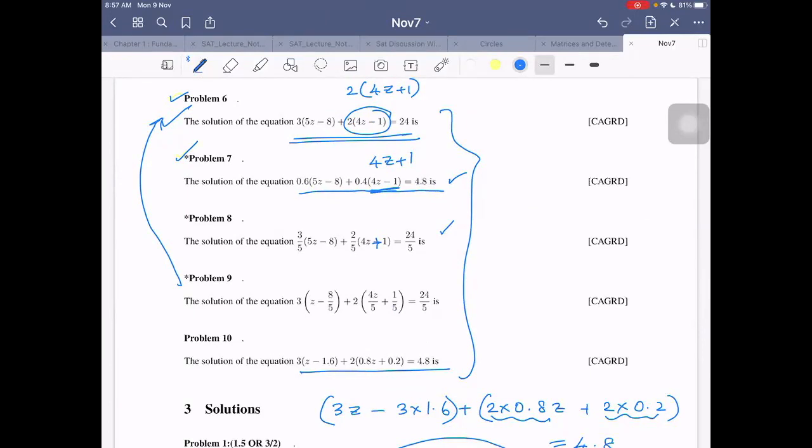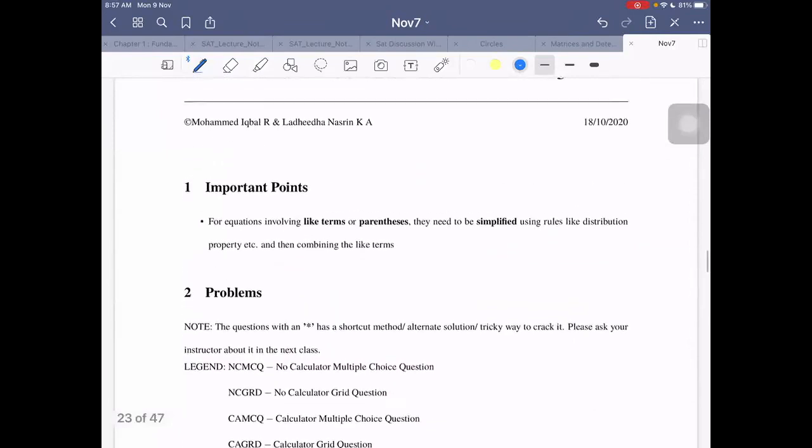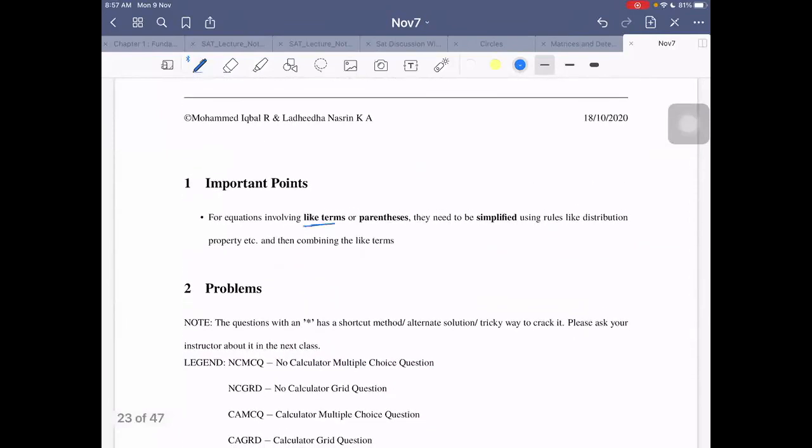If you can crack these 5 questions very quickly, you understood all the operations of fractions and decimal numbers. You also know how to solve a linear equation which involves brackets and like terms. So in this problem sheet, we are discussing questions that involve like terms, parentheses, and which needed simplification.